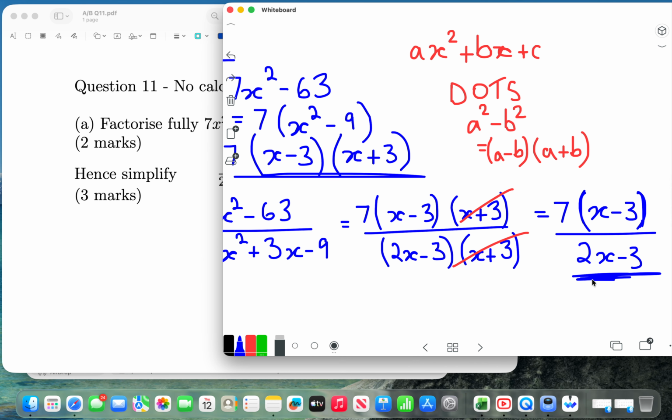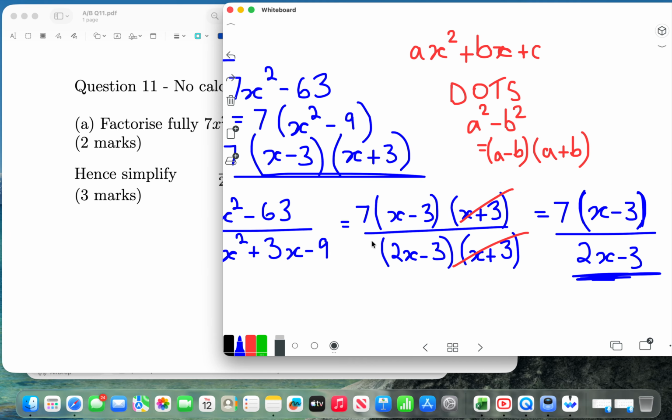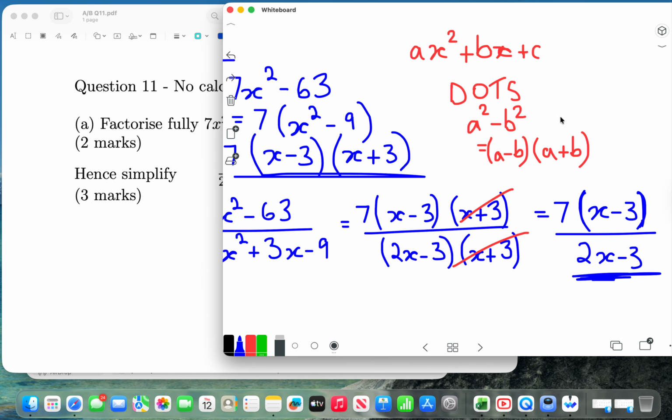It's a 5-mark question. In this case, it might be 4 marks or 3 or 5 in the exam, but both of these combined is 5 marks, and it's hard at first, but once you do some of these, you realise that the factorisation of the denominator should allow you to cancel out, as I've done.